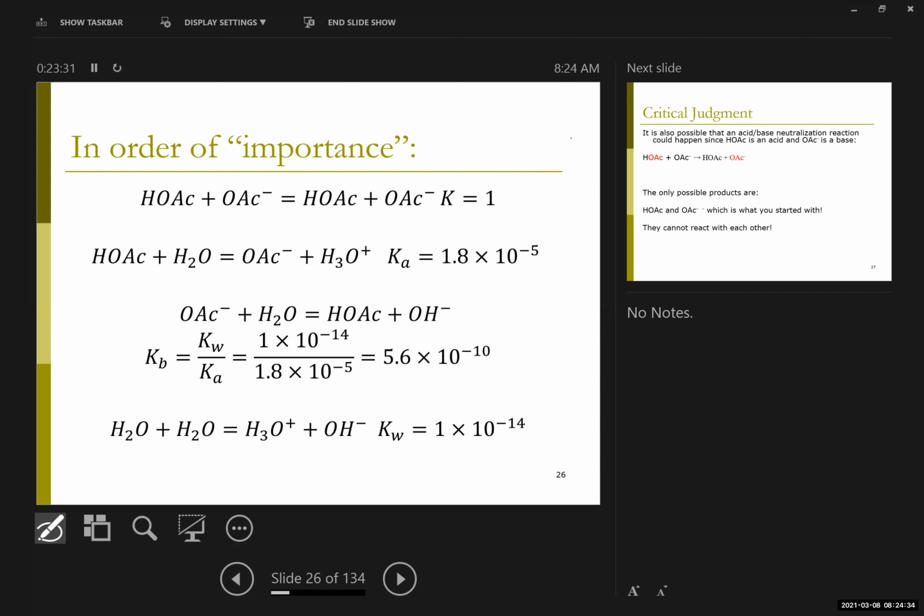And so technically speaking, I need to solve all 4 of these equilibria because all 4 of them have to get to equilibrium. But I do what I did with the polyprotic acids. You know, there's a significant difference in K. The difference between the first and second reaction is a factor of 100,000.